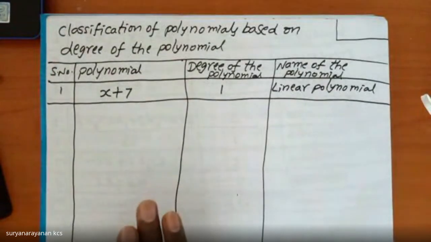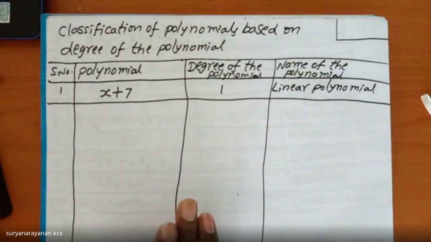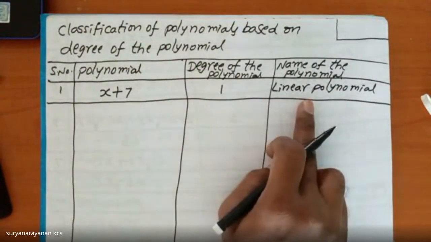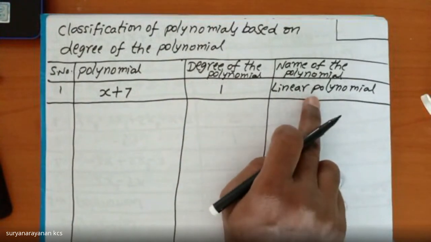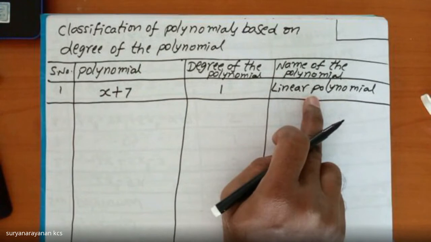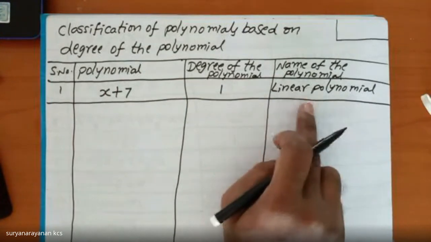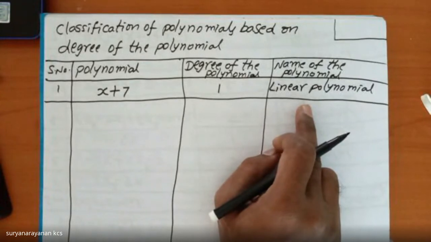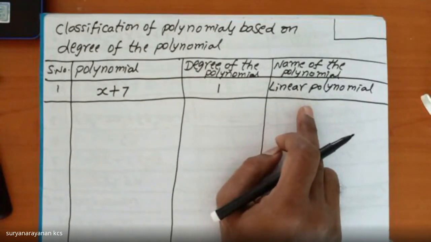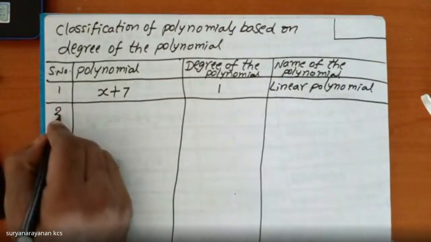The degree of a polynomial is 1. What is the polynomial called? You have to remember this word, linear polynomial. The degree of the polynomial is 1. What is the polynomial called? Tell me, Trinson.